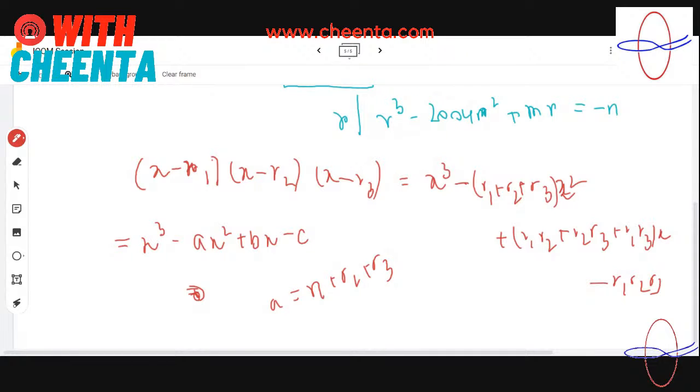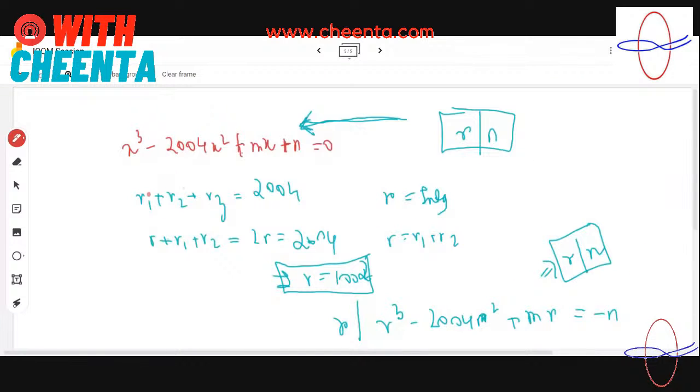Okay, Ilyane? So now observe that the sum of the roots r1 plus r2 plus r3 is equal to 2004, and r is the integer root, so the sum of the roots is equal to twice r.